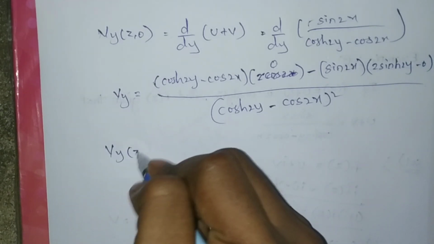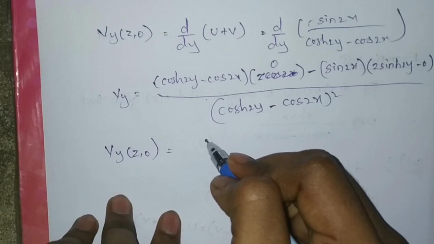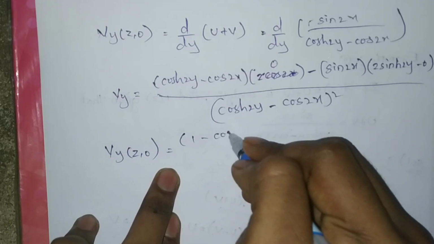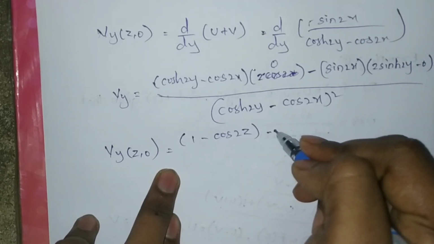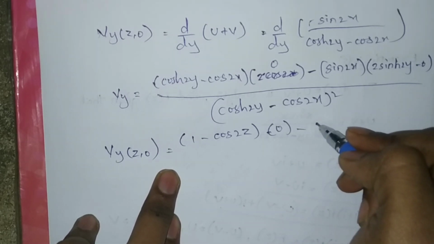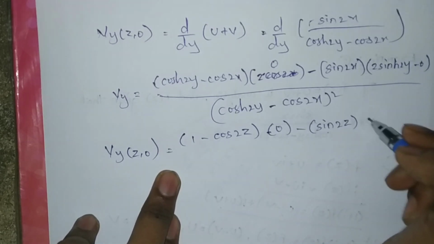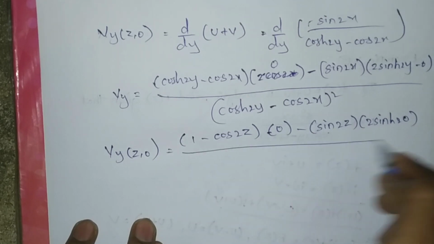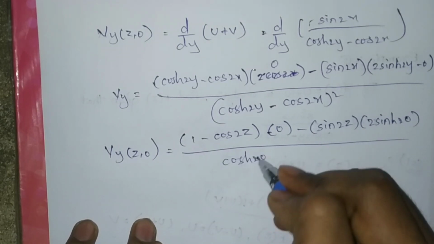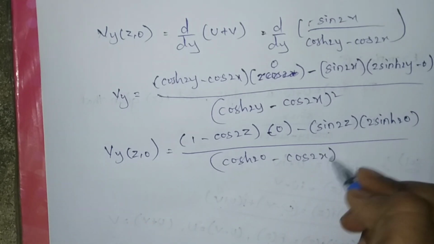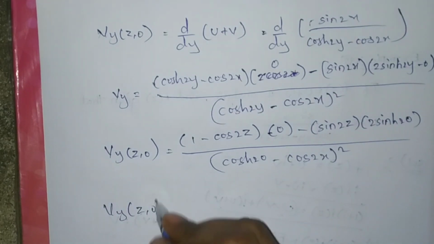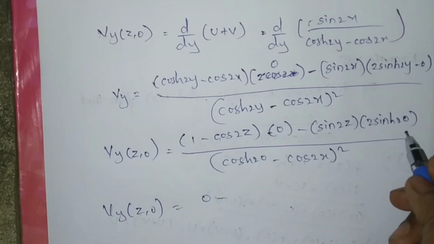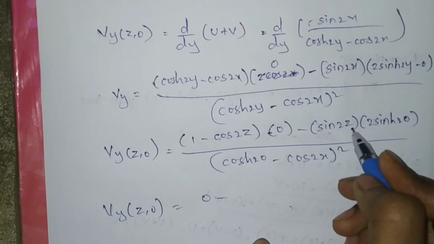Now we have to find vy at (z,0). If we simplify it, it becomes (1 − cos 2z) into 0 minus sin 2z into 2 sinh 0, by (cosh 0 − cos 2z) whole square. 0 into something is 0, and sinh 0 is 0, so sin 2z into 0 is 0.